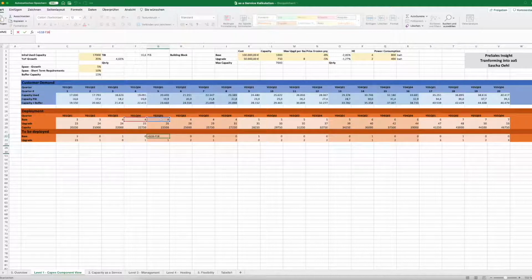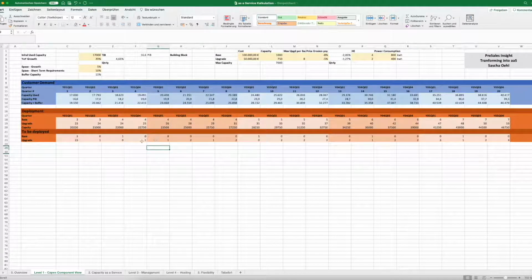We look into our quarter, we look into last quarter, and basically we're just building the delta and put it in here. So for example, in this case, in the 5th quarter, we would simply have to deploy 1 upgrade block. This now gives us the baseline of the components that we need to deploy.